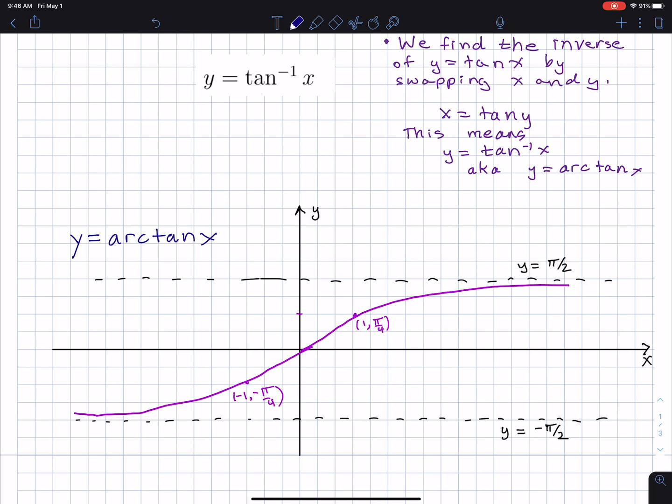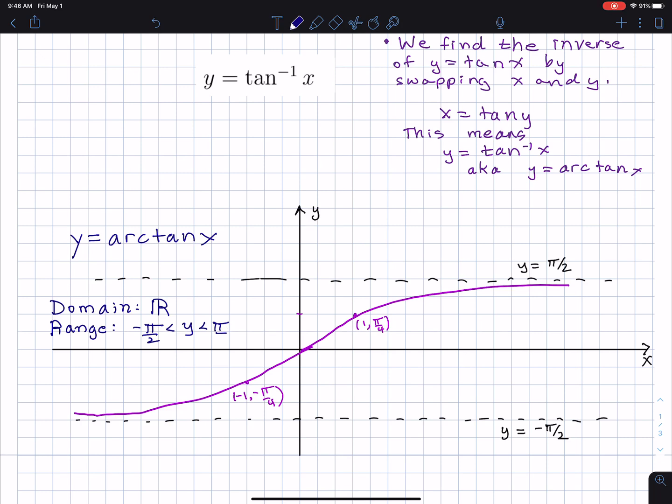And before I stop, let's look at what the domain is. The domain is all real numbers. The range is the interval between negative pi over 2 and pi over 2.